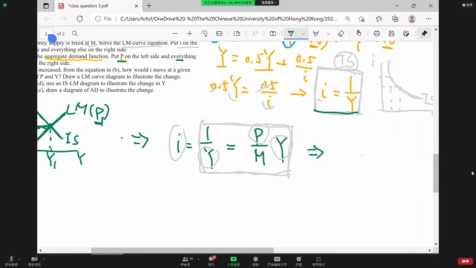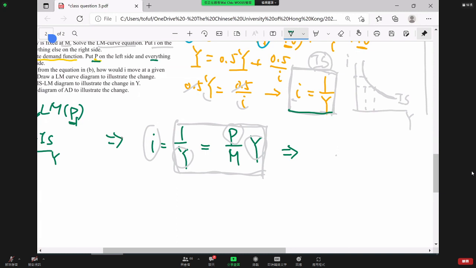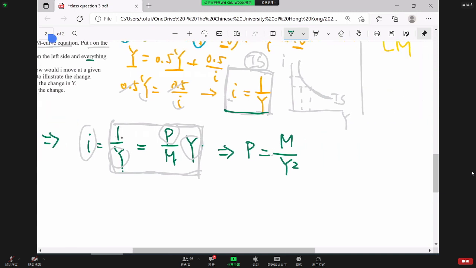To do this, basically, you can do this and don't jump steps. I will advise you, but here, let me jump steps a little bit. Okay, you'll find that this is the result. Because if you put P to the left hand side and M to the right hand side, you will get this, right? So this is the AD.